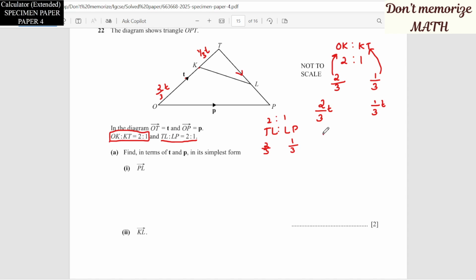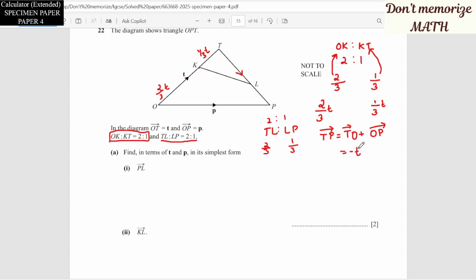So I will just write here, vector TP is equal to TO plus OP. What is TO? You can see OT is small letter t, so TO will be in the opposite direction. So TO will be minus t.